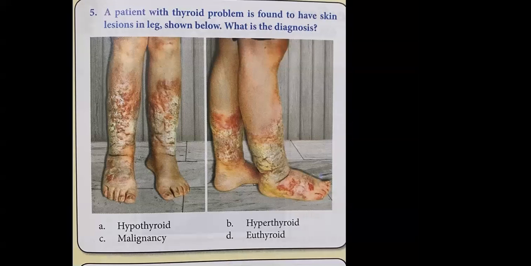Yes. See, there will be a delayed relaxation phase of the reflex arc. You will be doing the knee jerks and ankle jerks, the reflexes. There are two phases in this: the contraction phase and the relaxation phase.